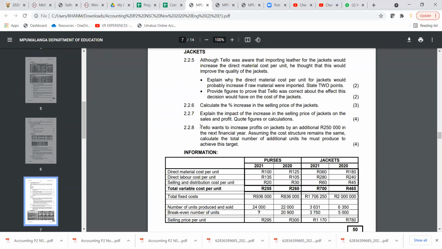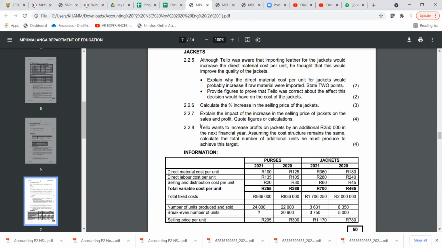Okay, so here they say 2.2.8, Taylor wants to increase profits on jackets by an additional 250,000 Rand in the next financial year. Assuming that the cost structure remains the same, calculate the total number of additional units he must produce to achieve his target.